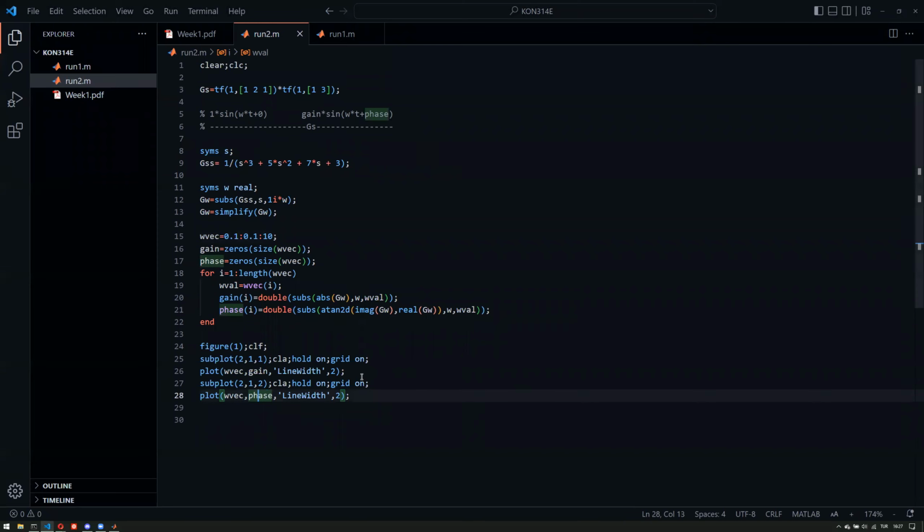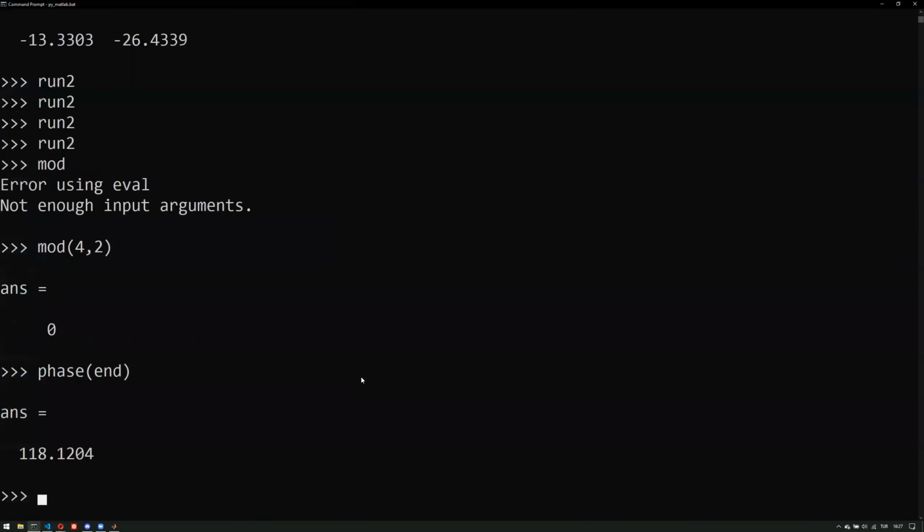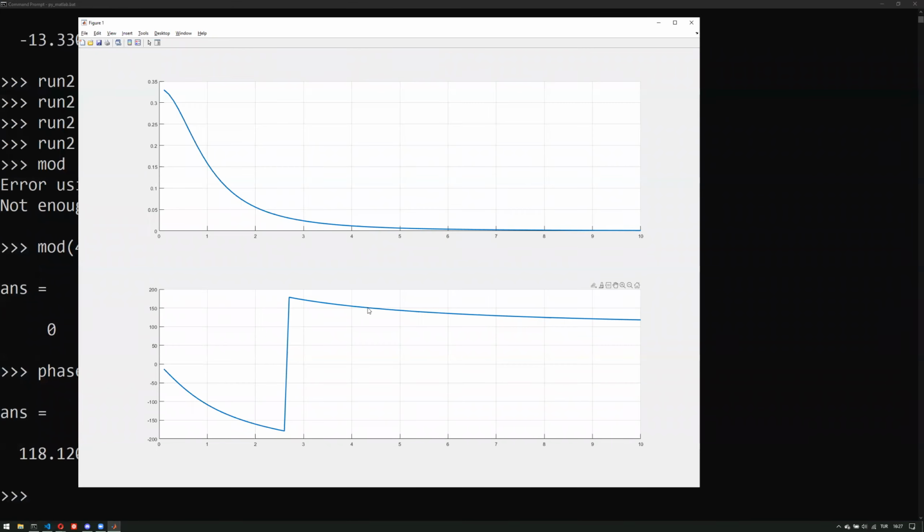So what are the phase values? We're jumping from, first I'm going to fix this hopefully, from minus 180 to 180.